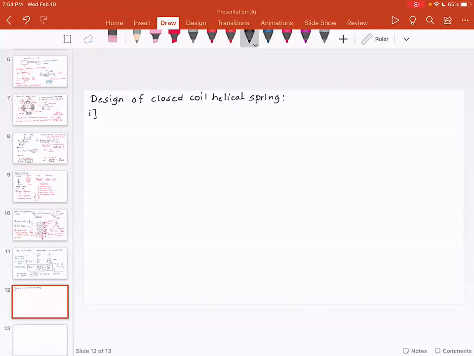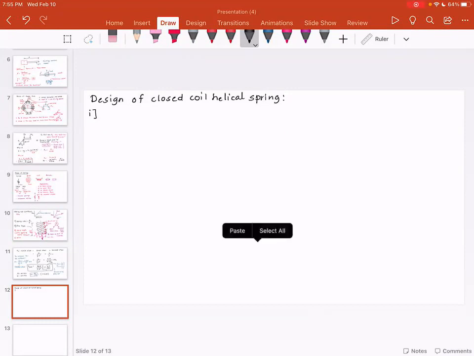So they may say, hey, the spring is supposed to have a spring rate of 10 Newton per millimeter and the deflection is 10. So we know from the spring rate and the deflection, the total force is 100 Newtons. So it totally depends upon the problem statement.